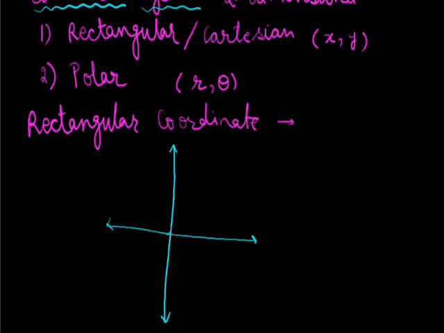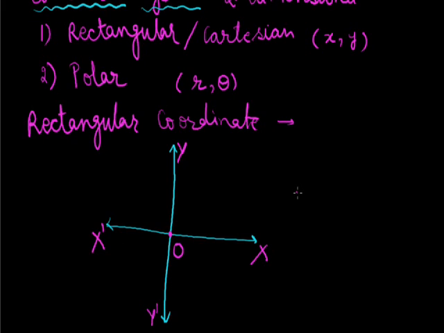The point of intersection of the two axes is the origin, and we name it point O. The horizontal line is the x-axis and the vertical line is the y-axis. The x-axis is named x and the y-axis is y. And the left-hand side and the downward side are named x dash and y dash respectively.